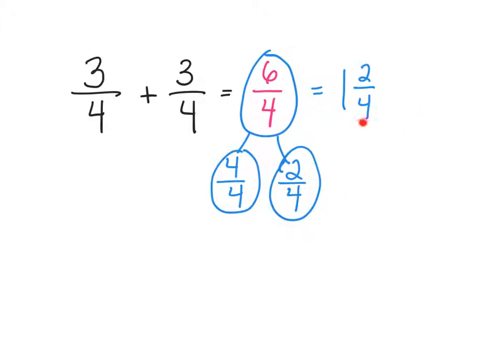And it does, because we already know this from experience. 2/4 is always equal to a half. So we can divide the top and the bottom by 2 to get 1, you got to keep that whole, 1 1/2. So now it's in simplest form.